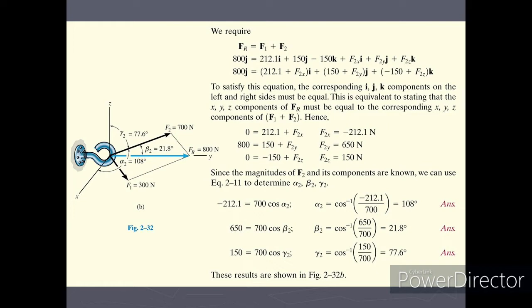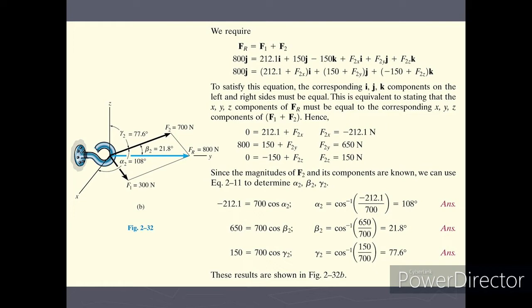And then we can get F2x, F2y, and F2z, because they are the only unknowns, by comparing the coefficients on both sides. So that's exactly what we did here. You see this 800 j, FR, F1 plus F2, we sum them up. We sum the coefficients of i, j, and k. So the coefficient of i here is equal to the coefficient of i here, which is 0, right? That of j equals 800. That of k equals 0. And then we can find F2x, F2y, and F2z.